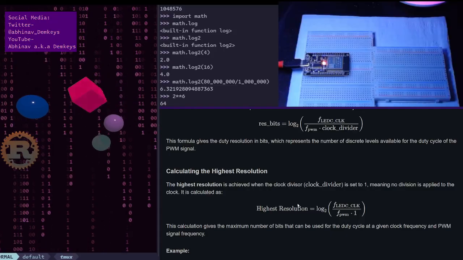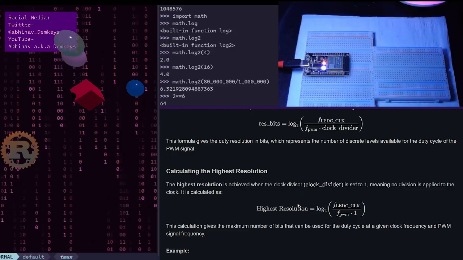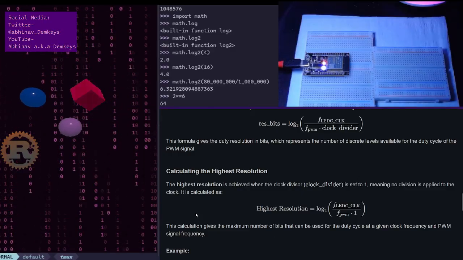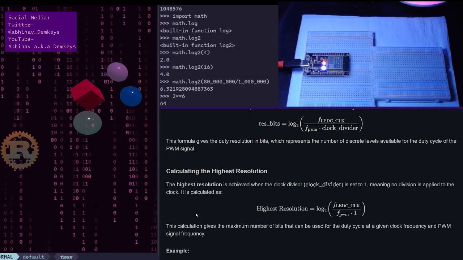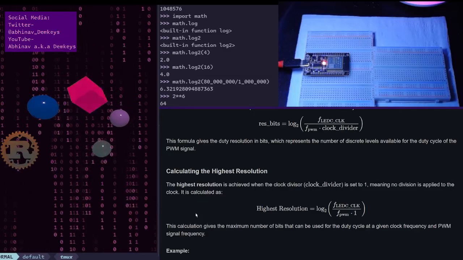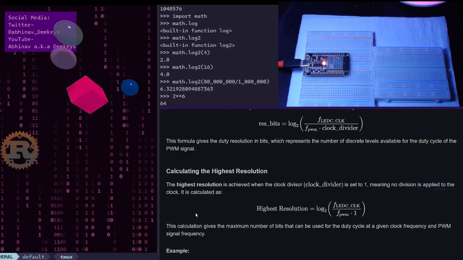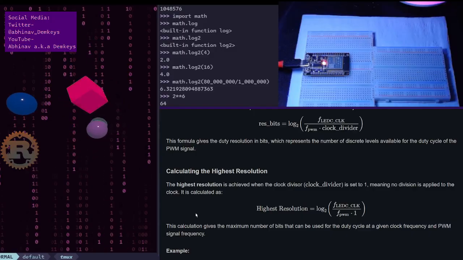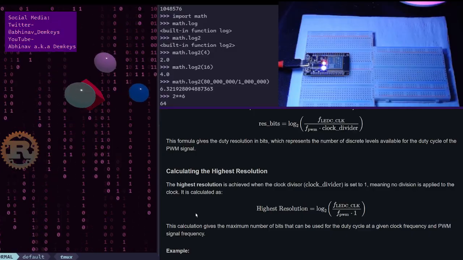But keeping that in mind, I'm a bit confused here because we are able to do 1 million ticks per second with a resolution of 64. But then with a resolution of 20, is this a resolution of 20?